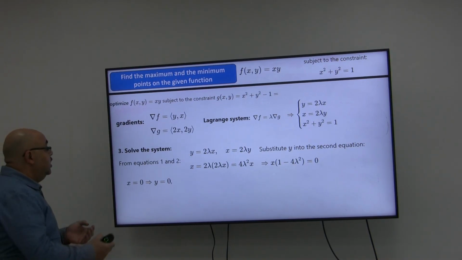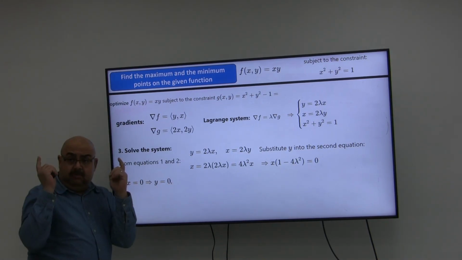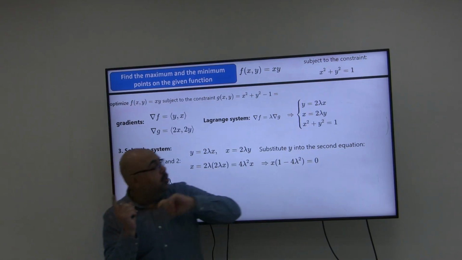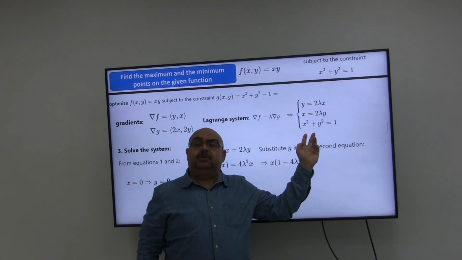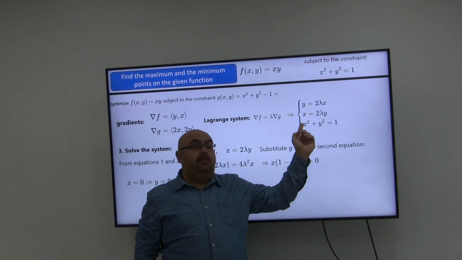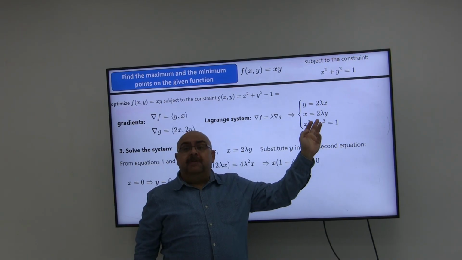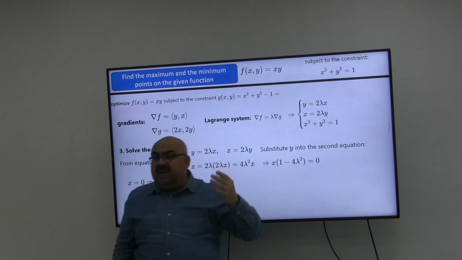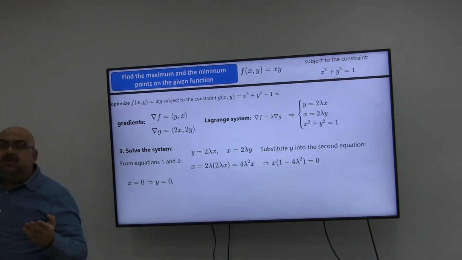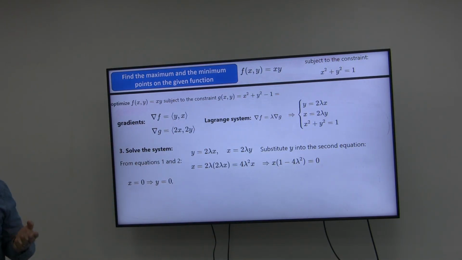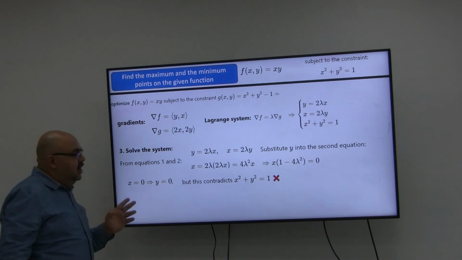I will take these two values in my hand and go to the condition. Let's substitute together. 0 to the power of 2 is 0, plus 0 to the power of 2, which means 0 equal to 1. That's a contradiction, of course. How can 0 on the left-hand side equal 1?